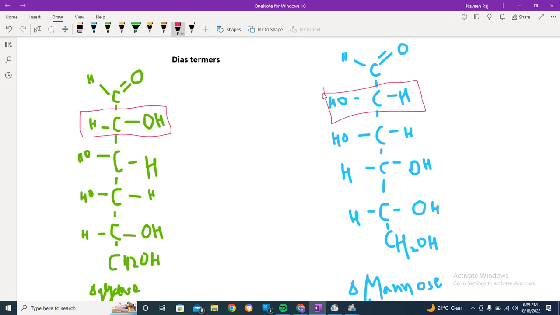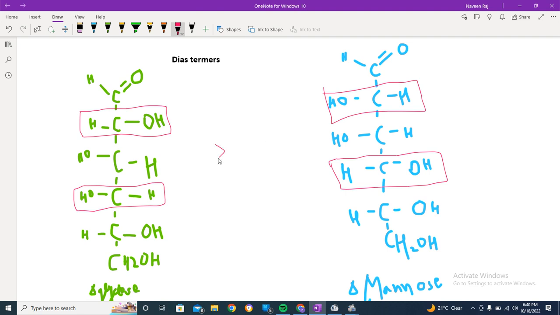But let's look further on. Are there any other changes as well? C3 is the same. On C4 we have a difference, and here comes the second difference. Now it is no more an epimer, because in epimers we always have a difference of a single atom, and here we have two atoms with different arrangement. C5 is the same and C6 is the same.